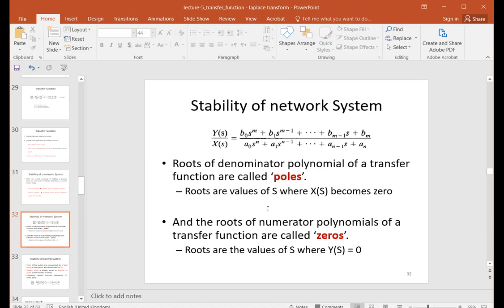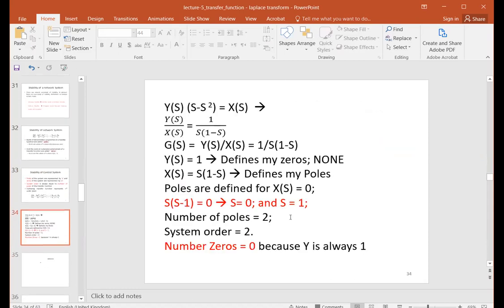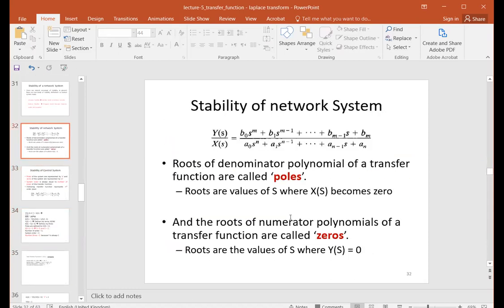And there are something called zeros. The numerator, which is the B's here, gives the zeros. So we find the poles and zeros of a function. These are the ones that give me the characteristics of my function.